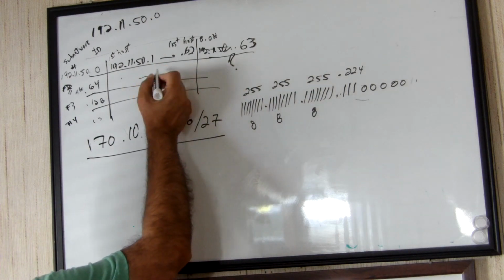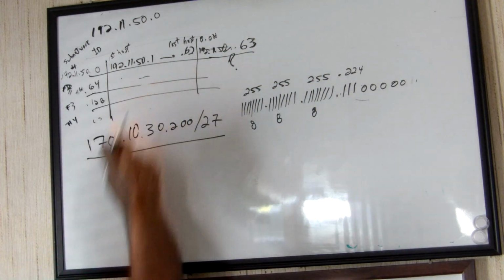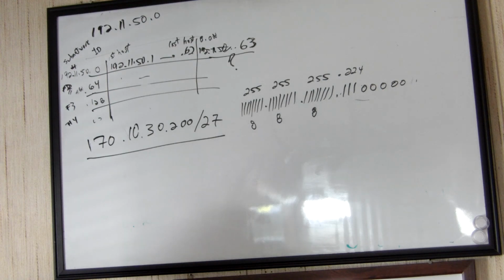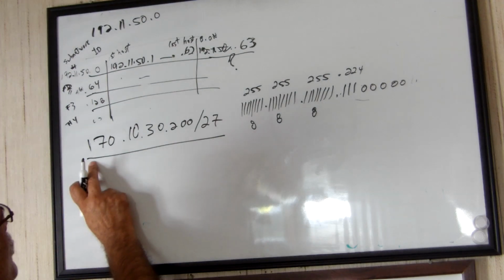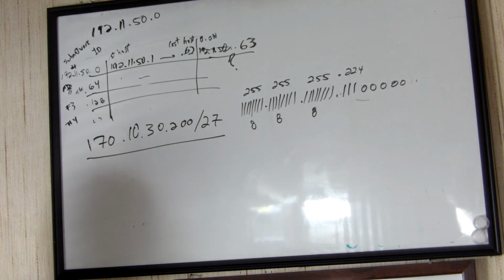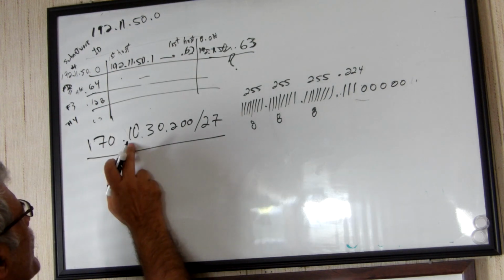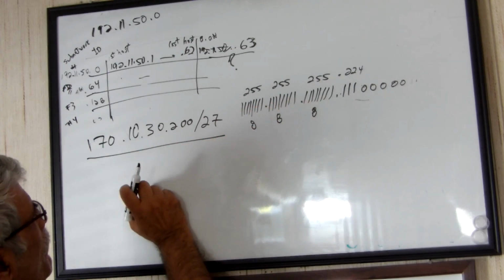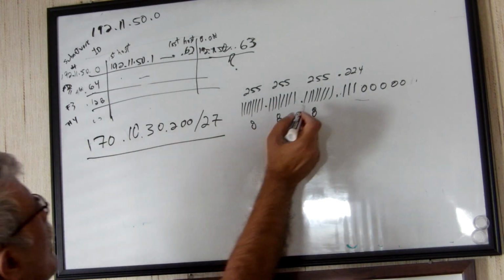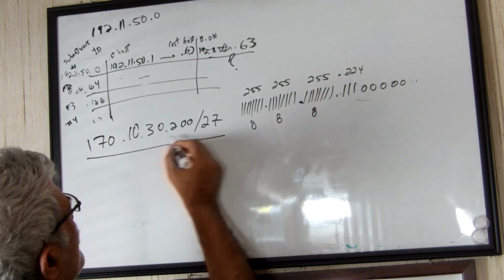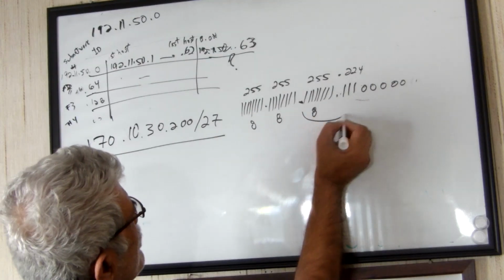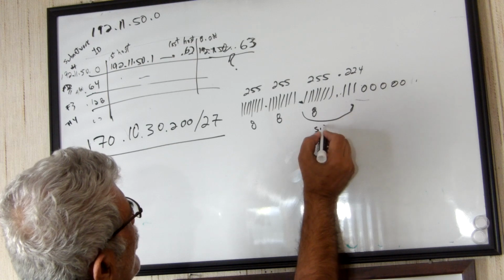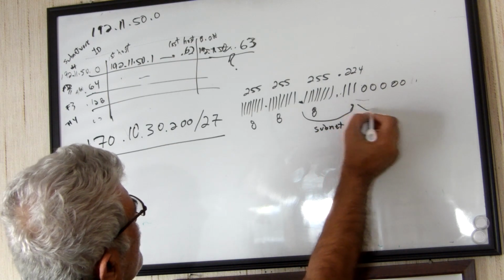They give you something like this IP address. From 128 to 191 is class B. The classful subnet mask is 255.255, but when you have something like this in class B, in this part we have the subnet, and this is the host.